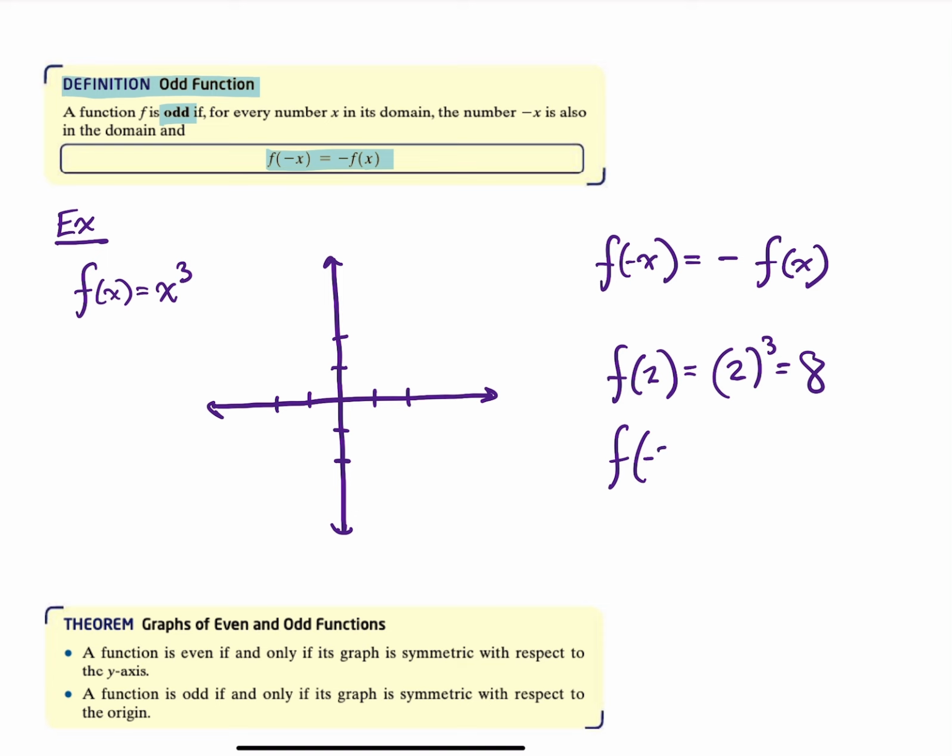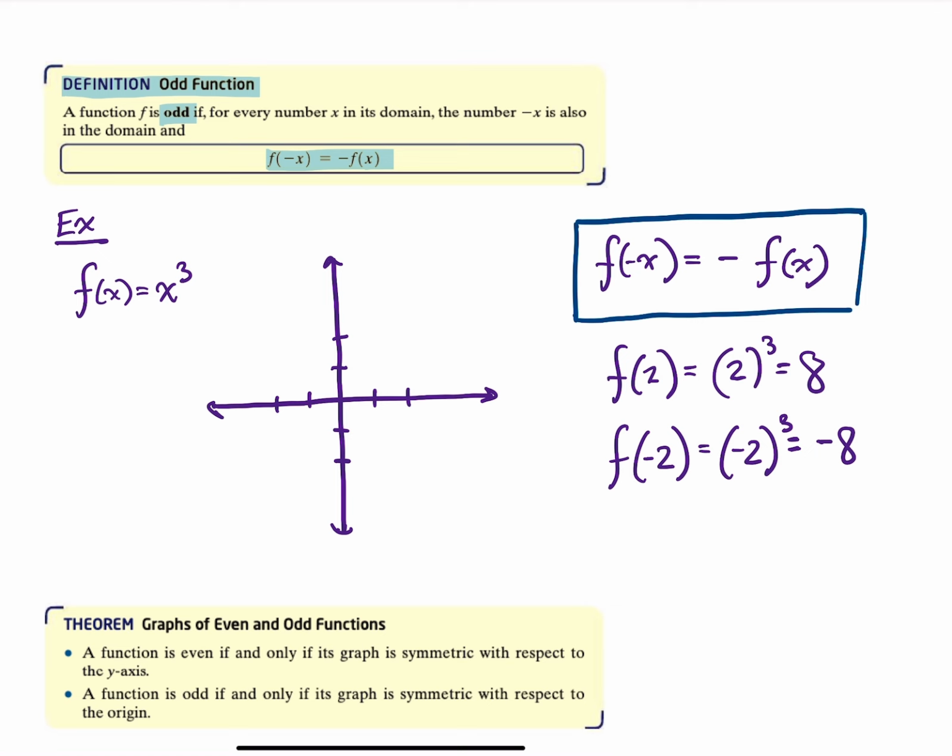Then if we plug in negative 2, you get negative 2 cubed. 2 times negative 2 will give us negative 4, and then we multiply by another negative 2, which will give us positive 8... so negative 2 cubed gives negative 8. So the outputs have a flipped sign whenever we change the sign of the input. And that will be that property: f of negative x equals negative f of x.